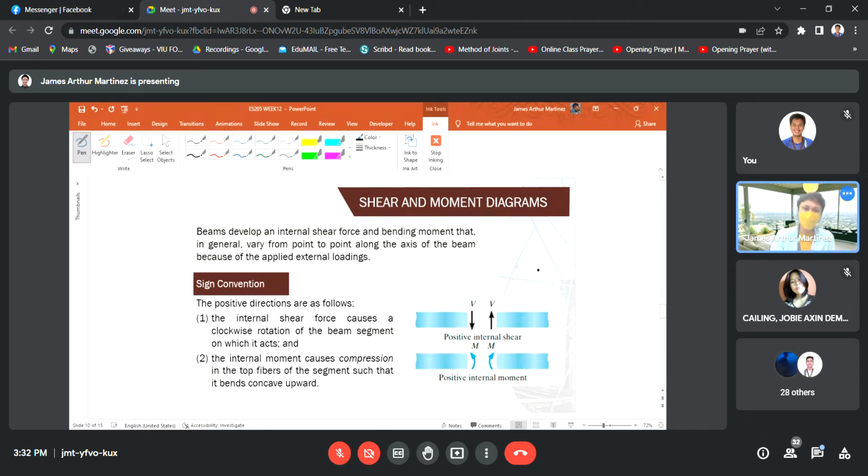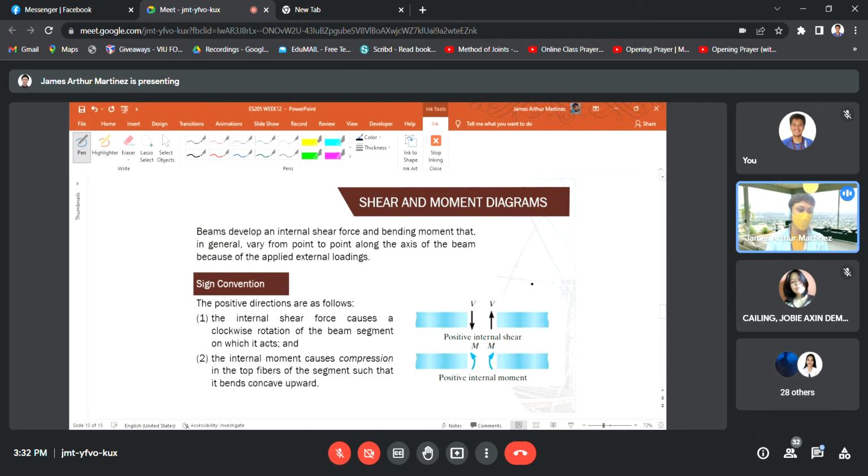Because of the applied external forces, class, beams tend to develop an internal shear force and bending moment that in general vary from point to point along the axis of the beam. Why is this important to us?